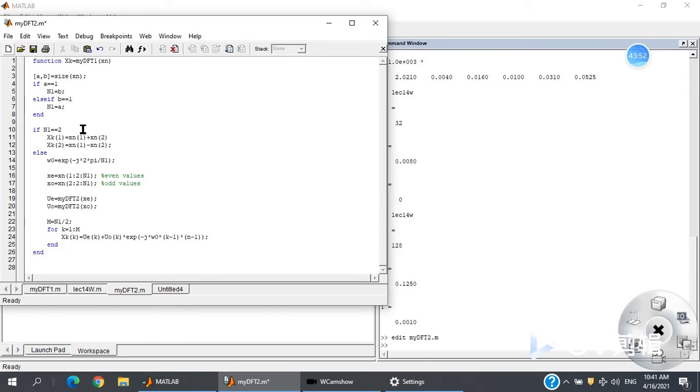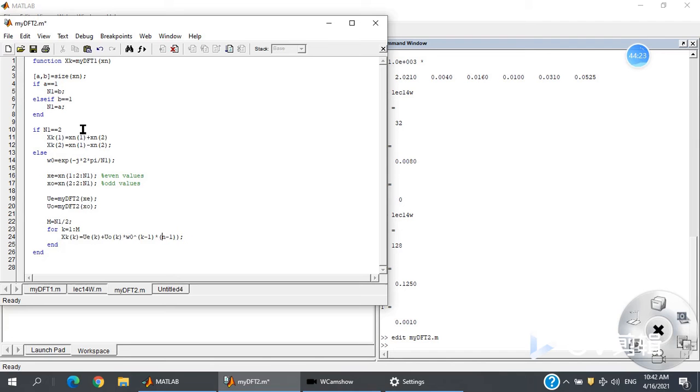This is e to the j of 2 pi over n. Alright, and here will be w0 to the power. So here I don't need the exponential power. This is just w0 to the power, like this, right?